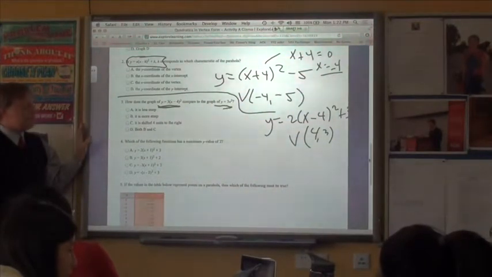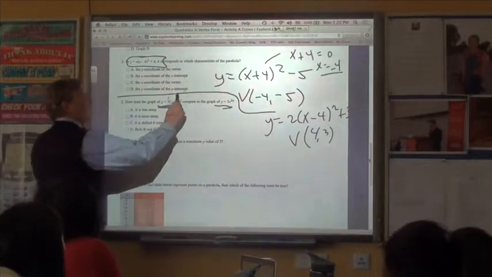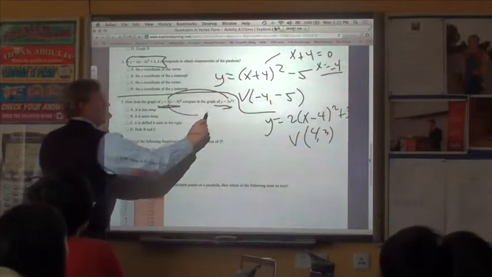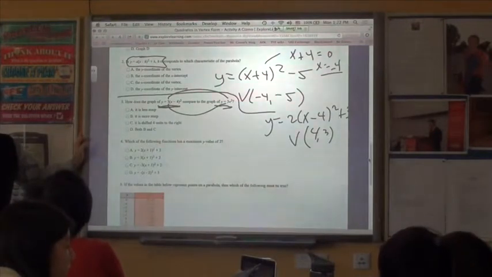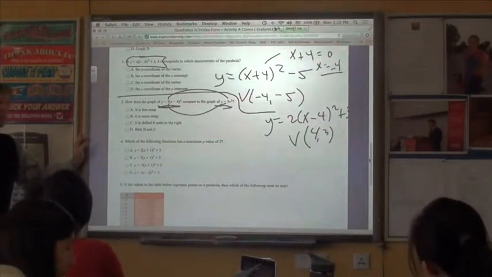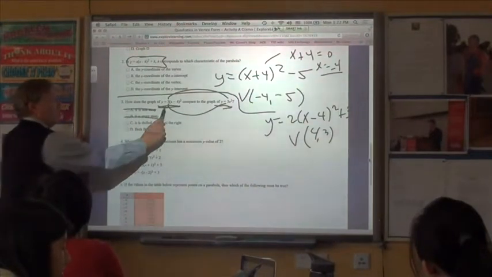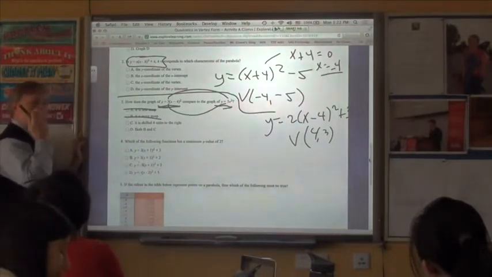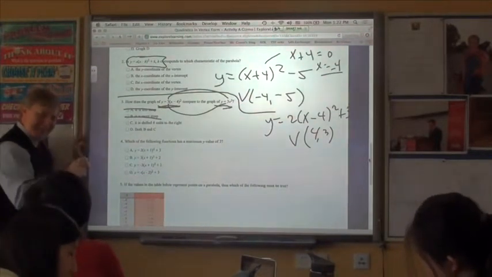Albert? Oh, it's not shifted to the right. So take a look, guys. One at a time. What's true about the steepness of these two graphs? They're both 3. Is that true? They're both 3 coefficients in the front. That's the steepness or the wideness. Here we go again, the confusing part about today.